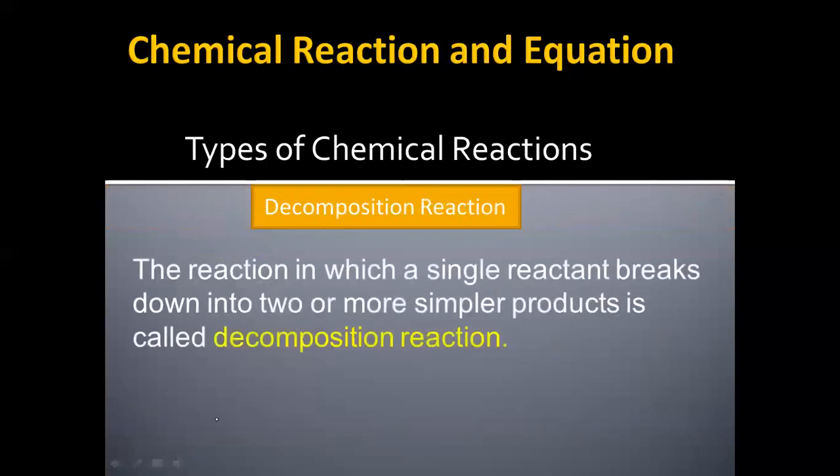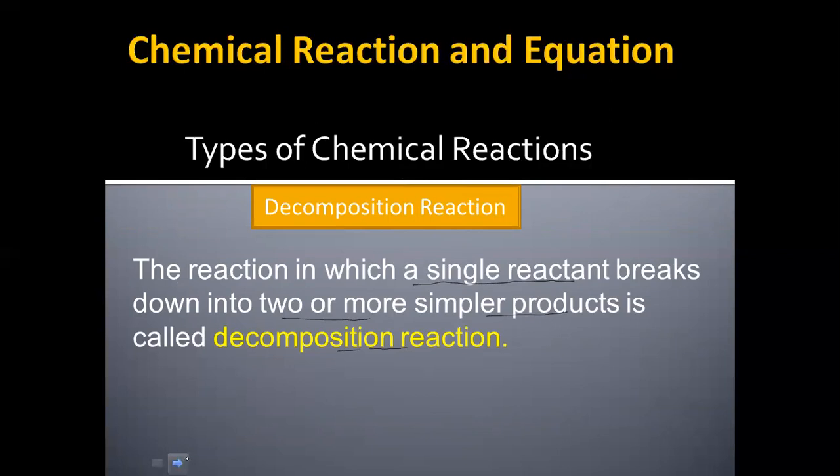Now, the turn is for the next type of reaction, decomposition. This is the reaction in which a single reactant breaks down into two or more products. So the thing to remember is a single reactant that gets changed into two or more simpler products. The process is decomposition.